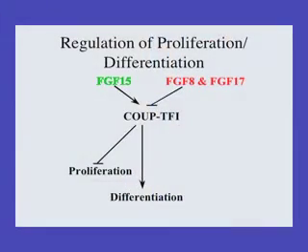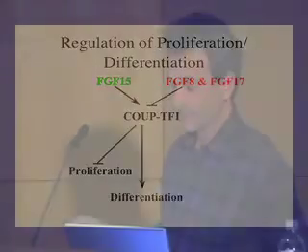So COUP-TF1 promotes differentiation, suppresses proliferation, and FGF-15 promotes COUP-TF1 expression, and FGF-8 and FGF-17 suppress it. And we think that this property contributes to the gradients of neurogenesis in the developing brain, in which the ventral parts differentiate before the dorsal, and likewise the rostral differentiates before the caudal.